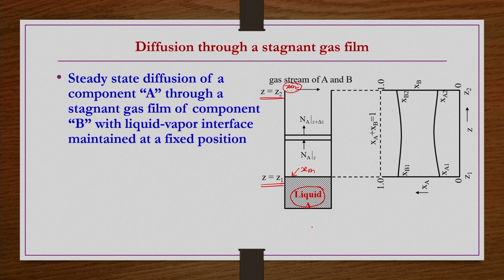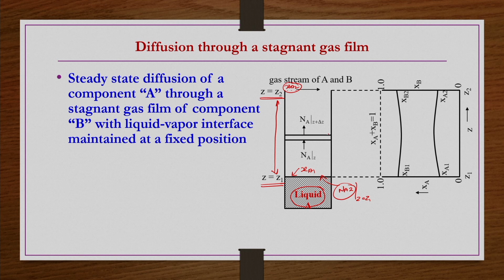Between these two locations, we want to find the concentration profile of component A and component B. That is the first thing to find, and then the flux NAZ at Z equals Z1. That is the problem, so first we have to develop an expression for the flux.